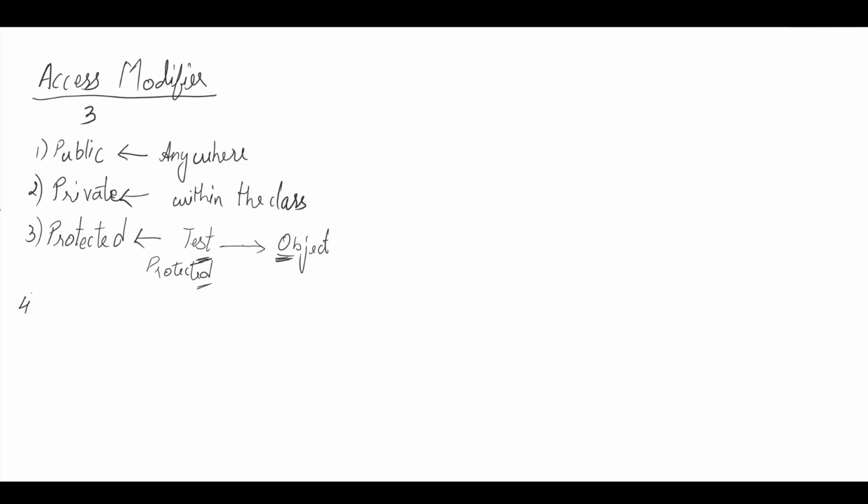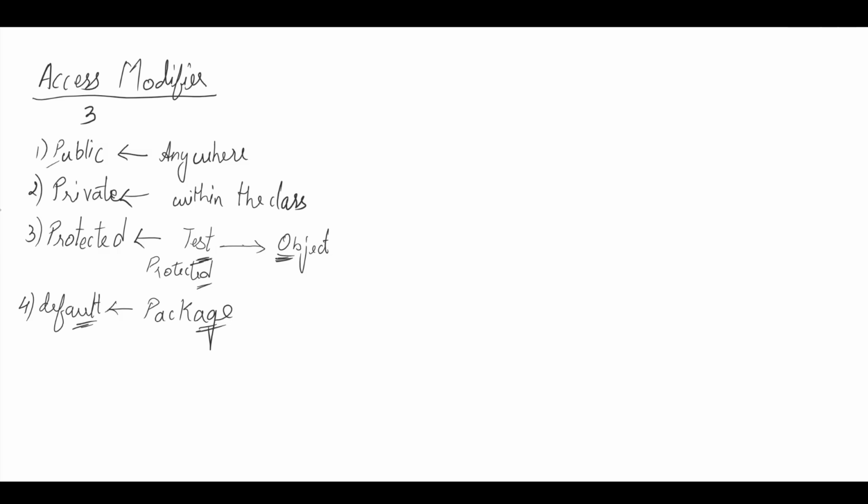The fourth one is the default. If we don't declare public, private or protected, then we call it default. We don't write the keyword default, but if we just don't mention anything, it is default, and that means it is package level. Within that folder, whatever classes are there, they can access it.